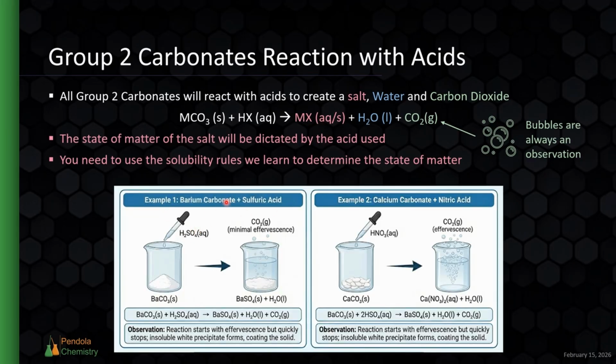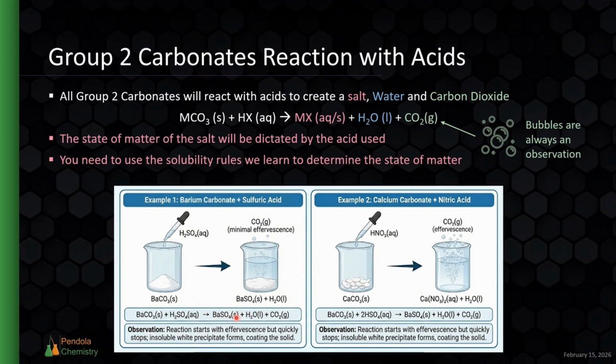So for example, barium carbonate with sulfuric acid. Barium carbonate reacts with sulfuric acid to make barium sulfate, water, and carbon dioxide. So if we grab some barium carbonate and drop sulfuric acid on it, we're going to get a small amount of effervescence, so the carbon dioxide bubbles, as well as water, which we don't see, and the barium sulfate.